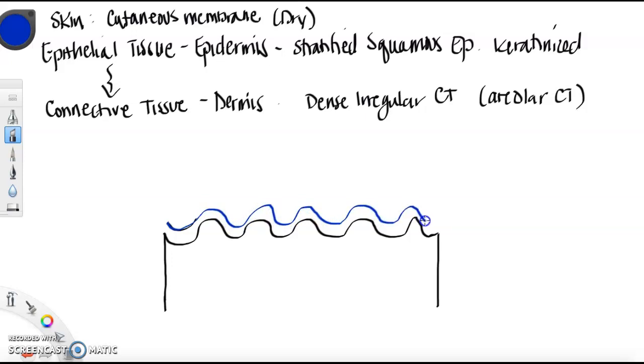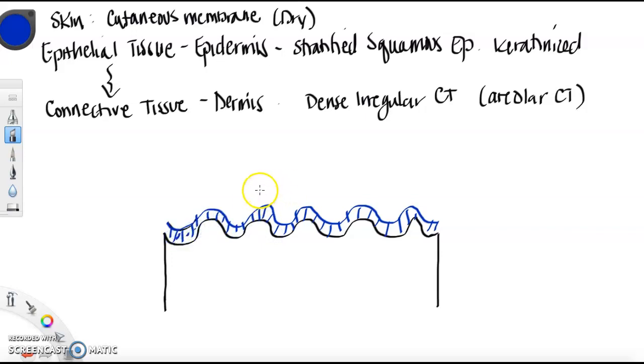And these cells that are right on top of the connective tissue look a lot like cuboidal cells. They're kind of bigger, fatter cells.